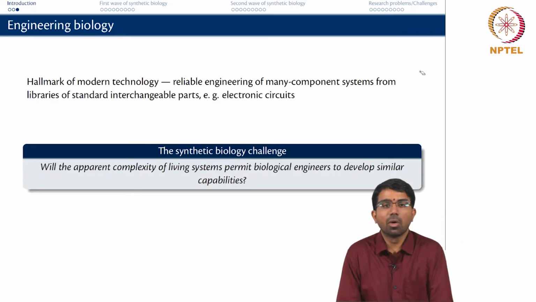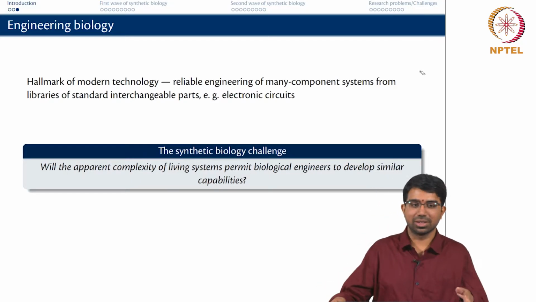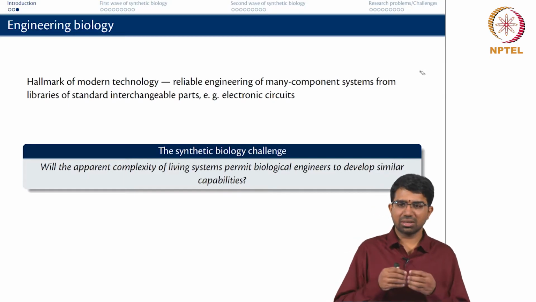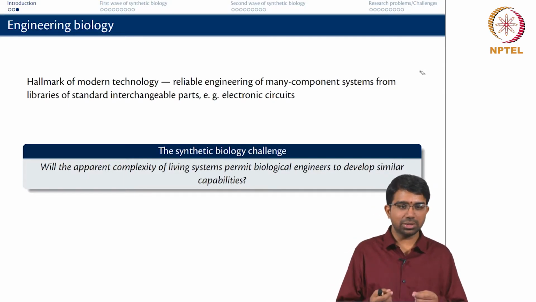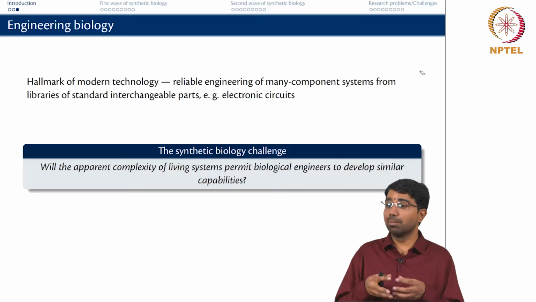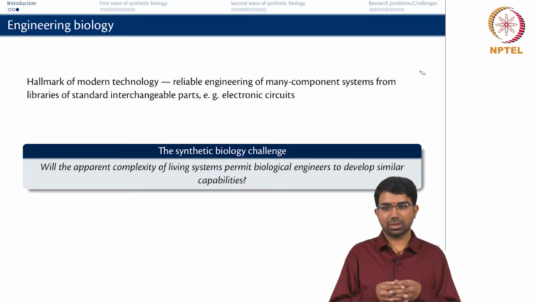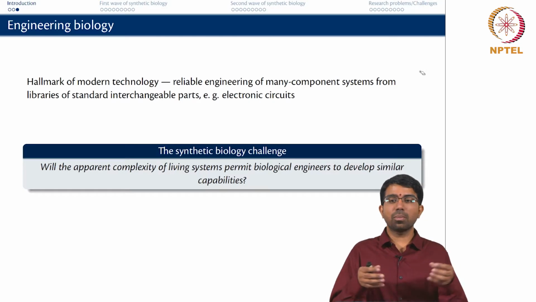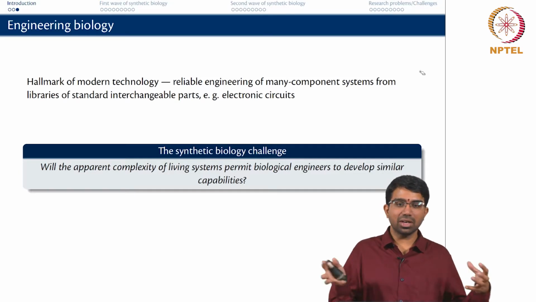The hallmark of modern technology is basically reliable engineering of many component systems. If you look at a laptop or so on, there are thousands of small components, but they can be reliably composed to work together. In biology, this composition is the toughest part. You can't compose things.